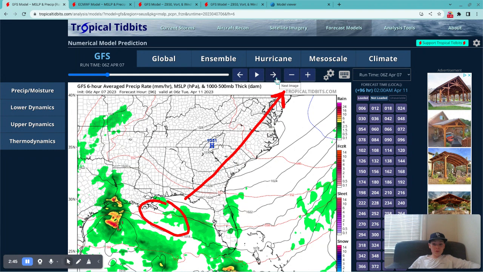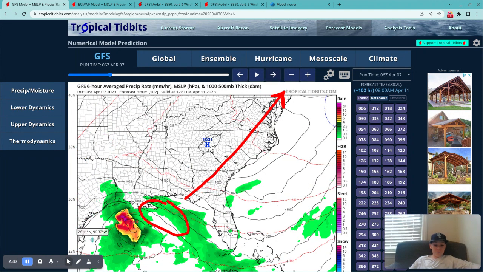So by 2 a.m., you've got a very strong band of rain and thunderstorms that's going to be producing inches of rain. This is pink showing up here. If we had hours of this straight, this would be like 24 inches of rain could fall with this.